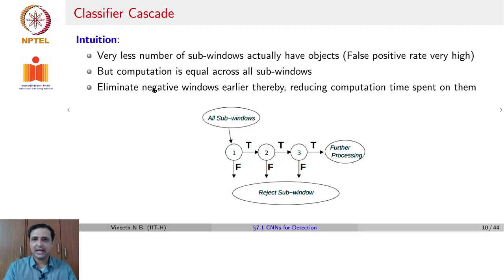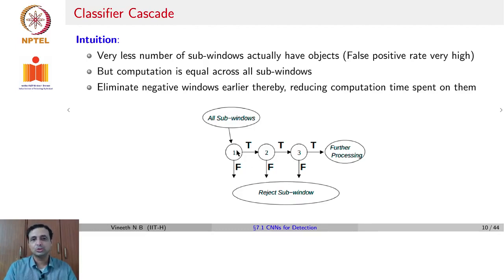What this classifier cascade idea suggests is to eliminate negative windows earlier, therefore reducing computation time spent on them. So if there's a sub-window that's negative, ignore it and never include any further sub-windows inside that sub-window for any further processing. Speaking at a very high level, all possible sub-windows go to the first stage, and you rule out a certain number of them and assume that they will never have a face at all.